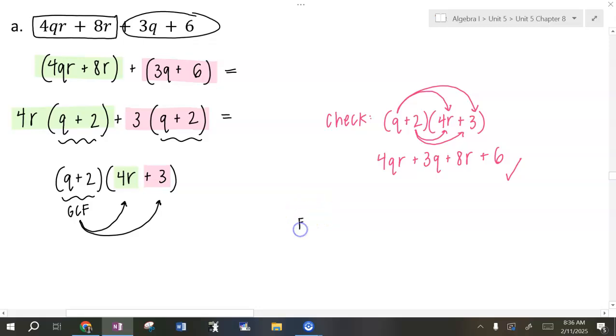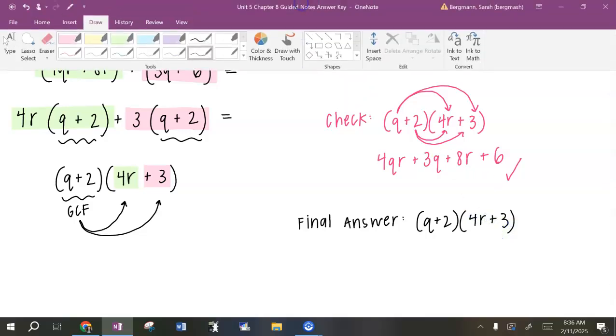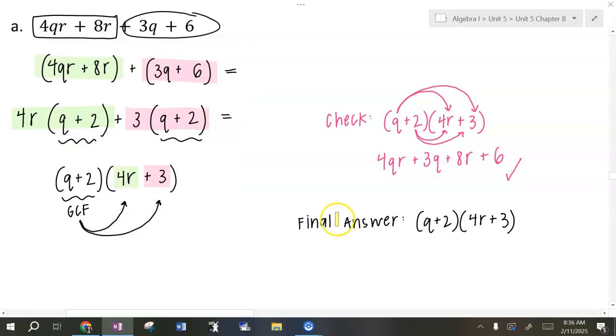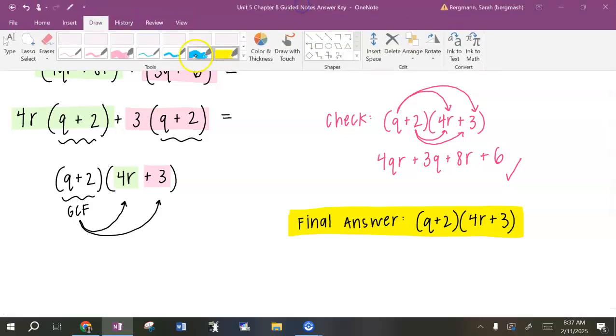Once you check your work, now you say your final answer is the factored out version, Q plus 2 times 4R plus 3. Remember, factor means figure out what's multiplied together to give me this answer. So you're just undistributing everything to get your answer. Let's try another one together.